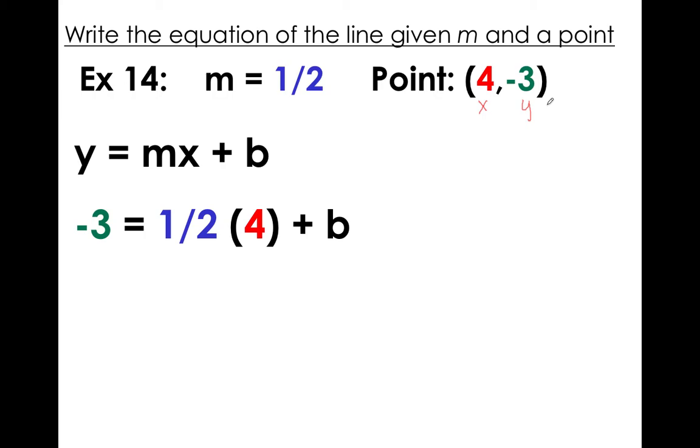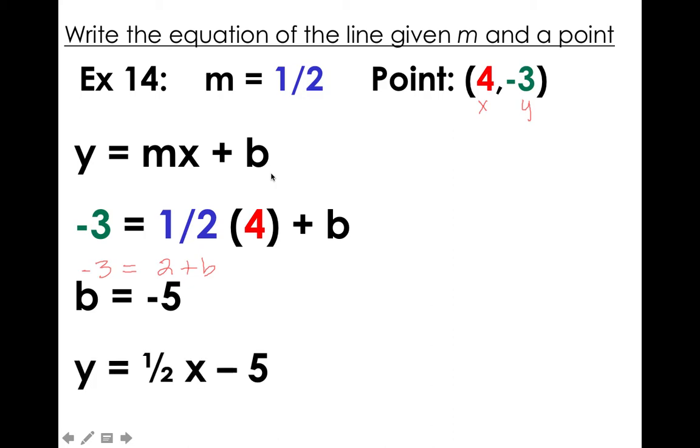I simplify the equation, meaning, let's make sure we understand something right quick. So that means I get -3 is equal to 1/2 times 4, which is just 2. And then I subtract 2 from both sides, and I end up getting b equals -5. I take those 2 things and plug them back into the equation, and I get y equals 1/2 x minus 5.